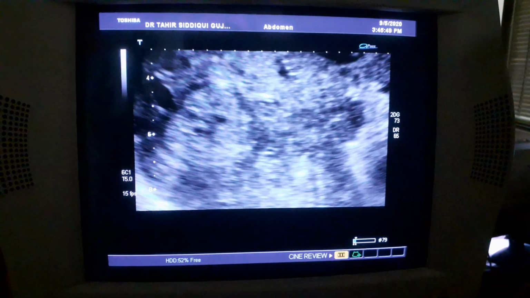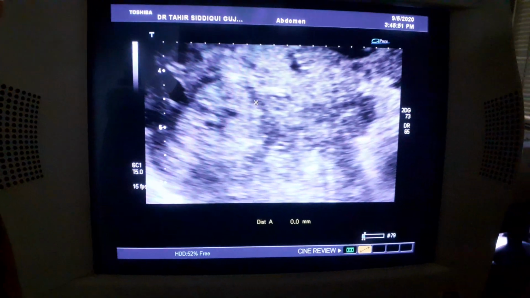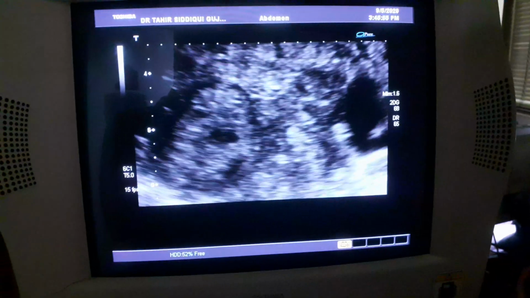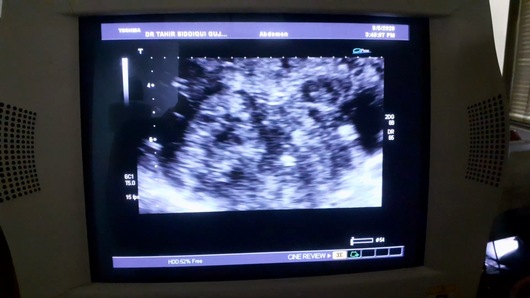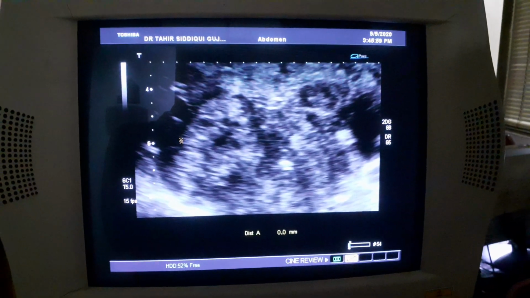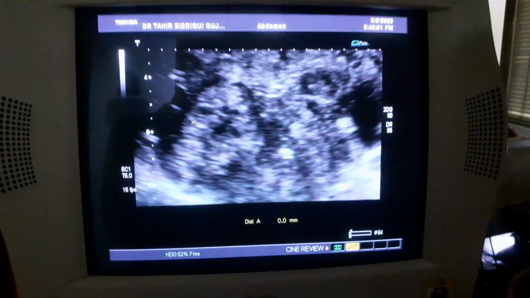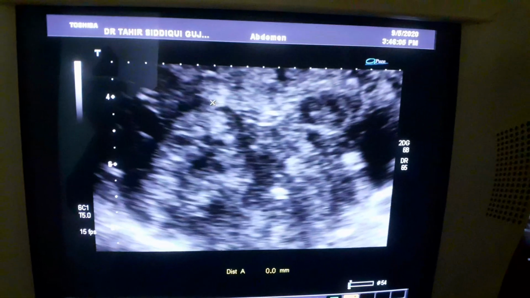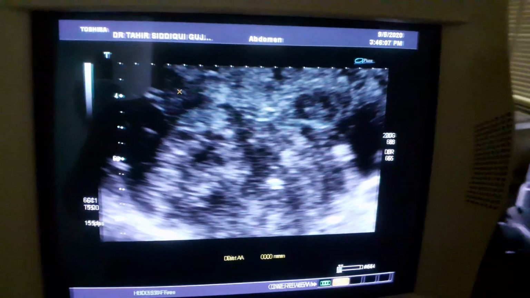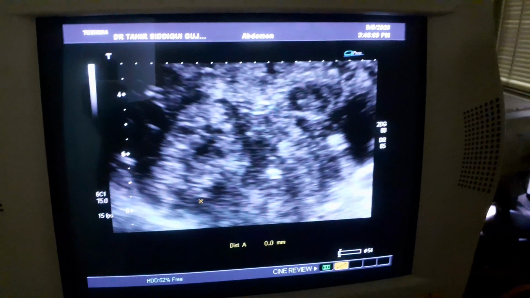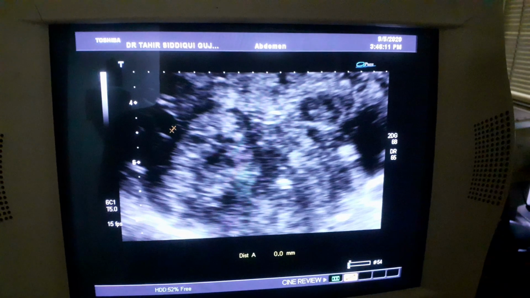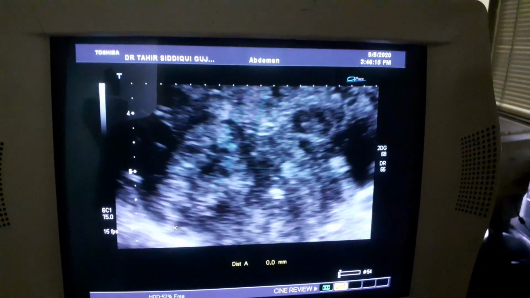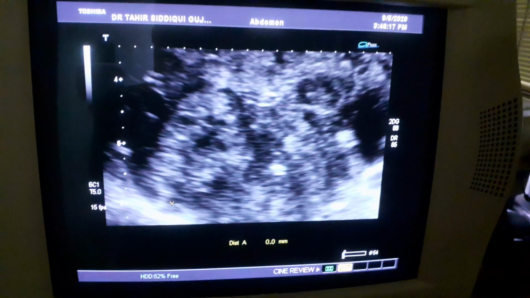Now you see this is another one, and this one is also ill-defined. Margins are not that clear. But one thing that is obvious is that it has a halo around. Any solid lesion having a halo around is very suspicious of being of aggressive nature.